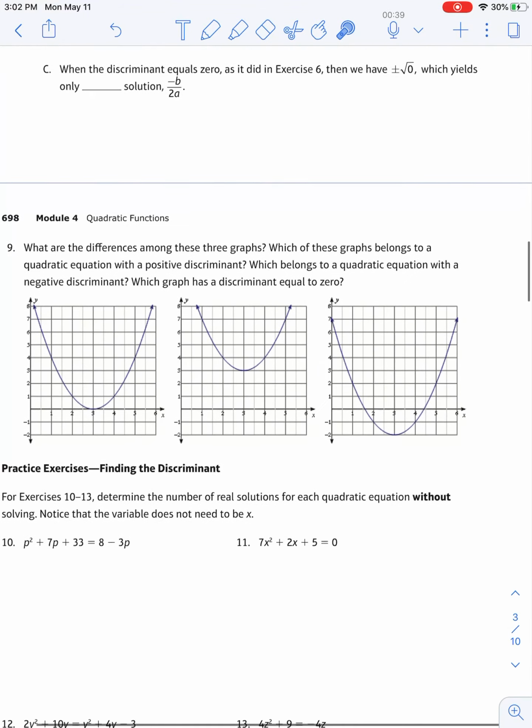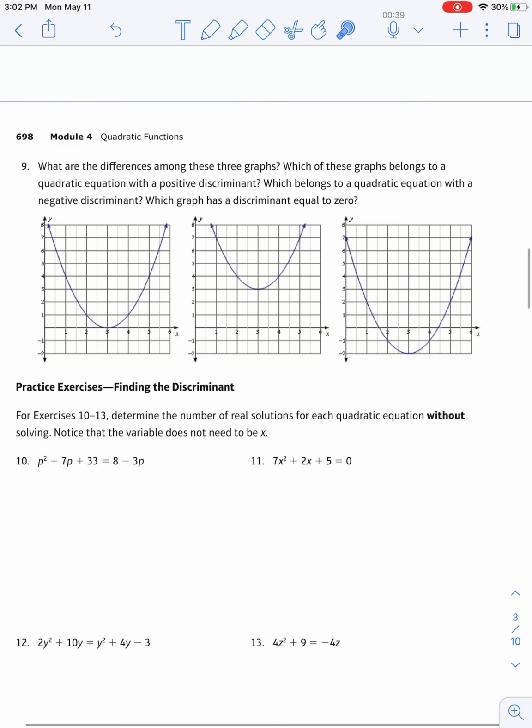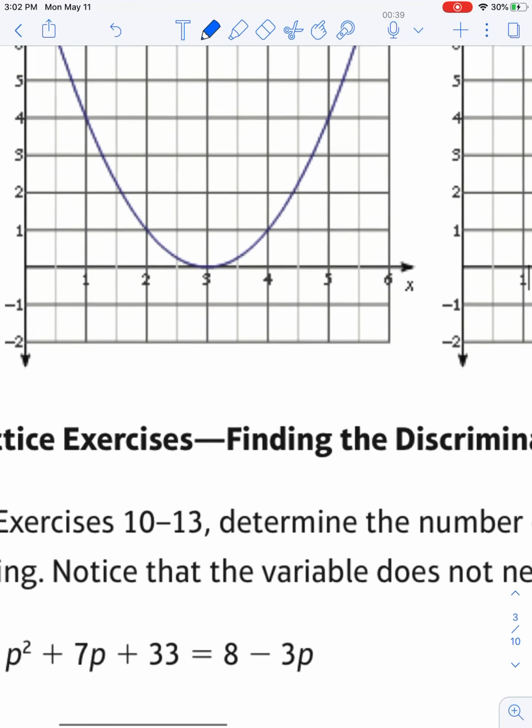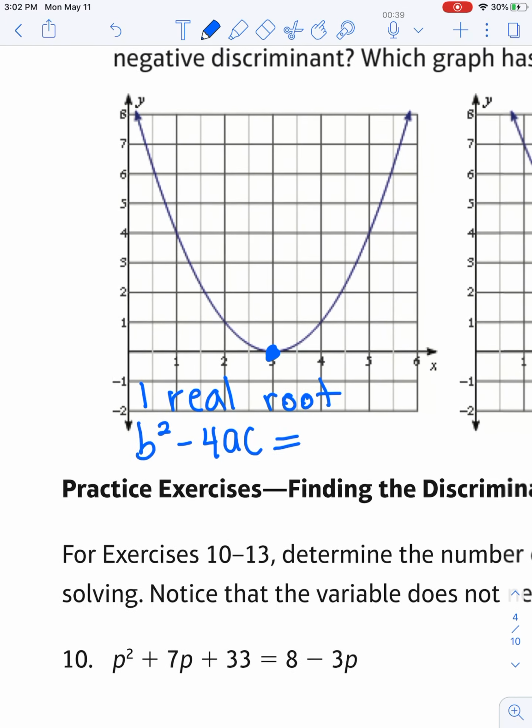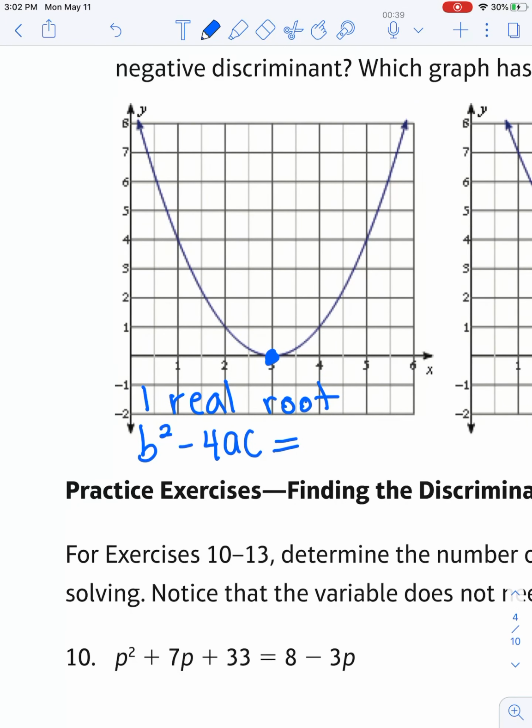let's go ahead and switch down to this example down here. Now we're just going to talk this through again. All right, so looking at this graph, because there's one x-intercept, one real root, that means that b squared minus 4ac, if I were to plug in all those variables, it would give me, test yourself, would it be a negative?